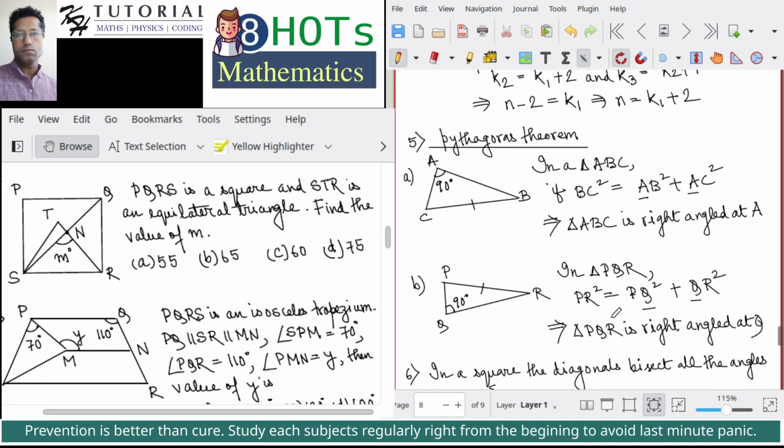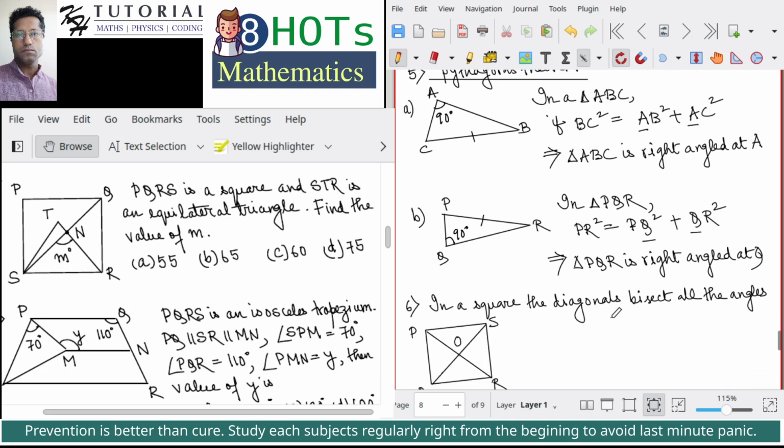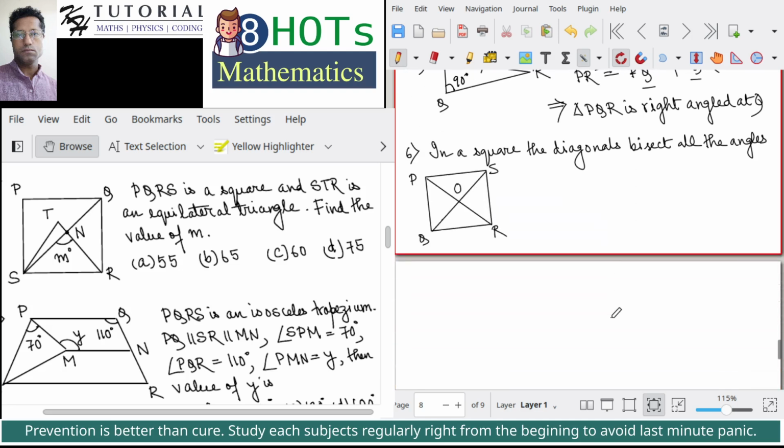The last concept is that in a square, the diagonals bisect all the angles. So this concept was used to solve the problem number 5. So we know that in a square, the diagonals bisect all the angles, and we also know that in a square, all the angles are 90 degree. So definitely this angle will be 45 degree.